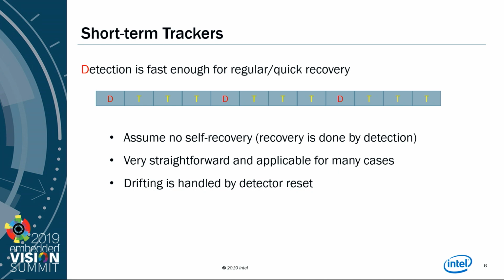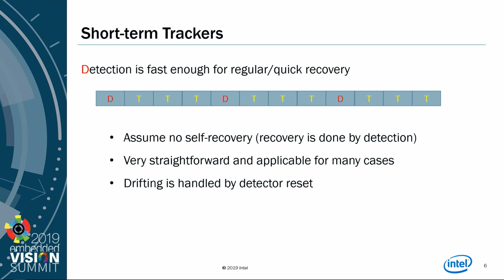So every tracker suffers from the drifting problem, because the tracker is inherently formulated as some incremental update. So the error is accumulated, so we need to reset the trackers if necessary. So the simplest approach to handle this kind of problem is just to use the detector as some regular resetting mechanism so that the error is not accumulated in the long run.